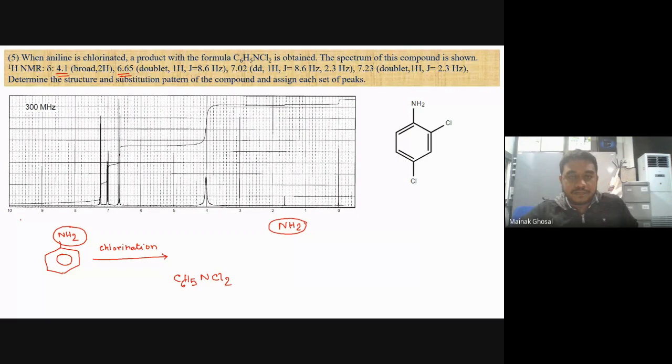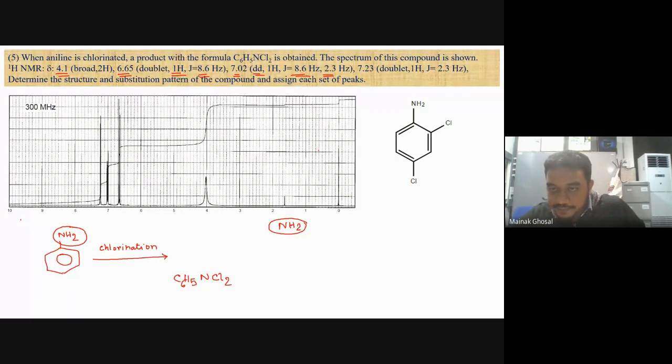Now the second thing: you see a doublet at 6.65, 1 hydrogen, and J equals 8.6. And you see a doublet of doublet at 7.02, in the aromatic region, but here you see two coupling constants. What are these two coupling constants?